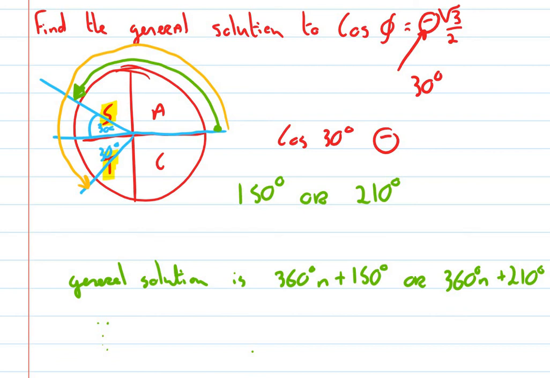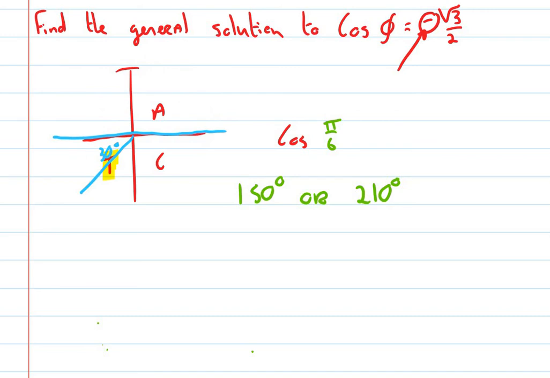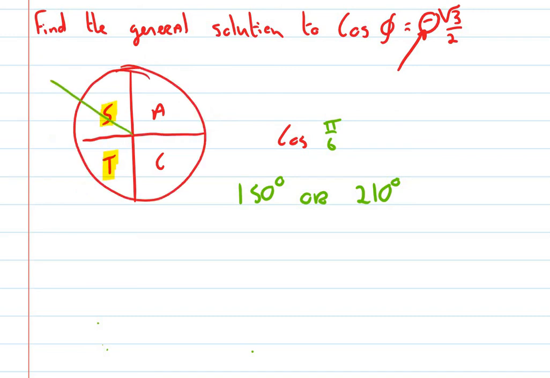That's if we're dealing in degrees. They could ask us to deal in radians. Very similar. Let's say I checked out what minus root 3 over 2 was in radians, and that would be pi over 6. Okay, so I'll just redo this. So this here would be pi over 6, and this here would be pi over 6.